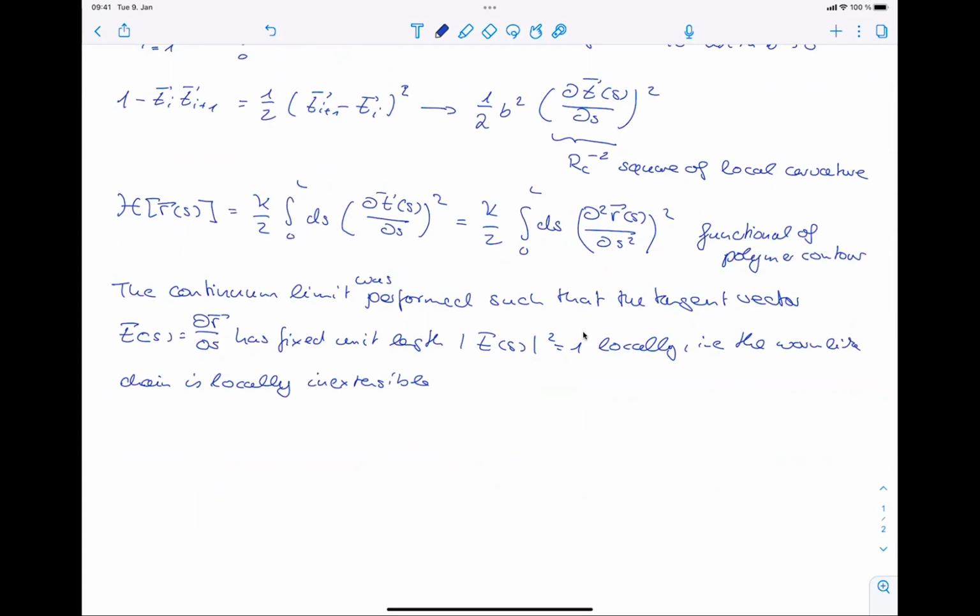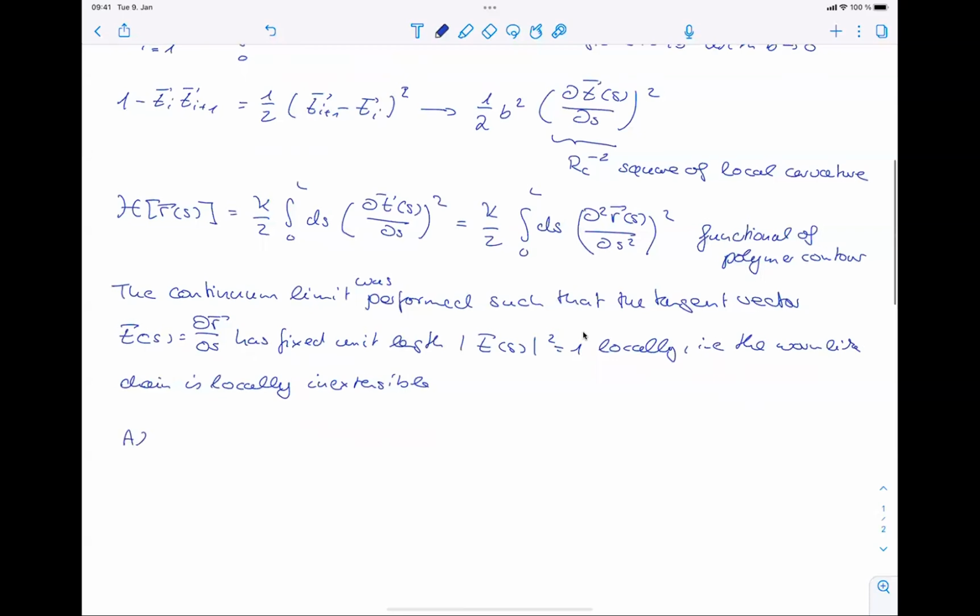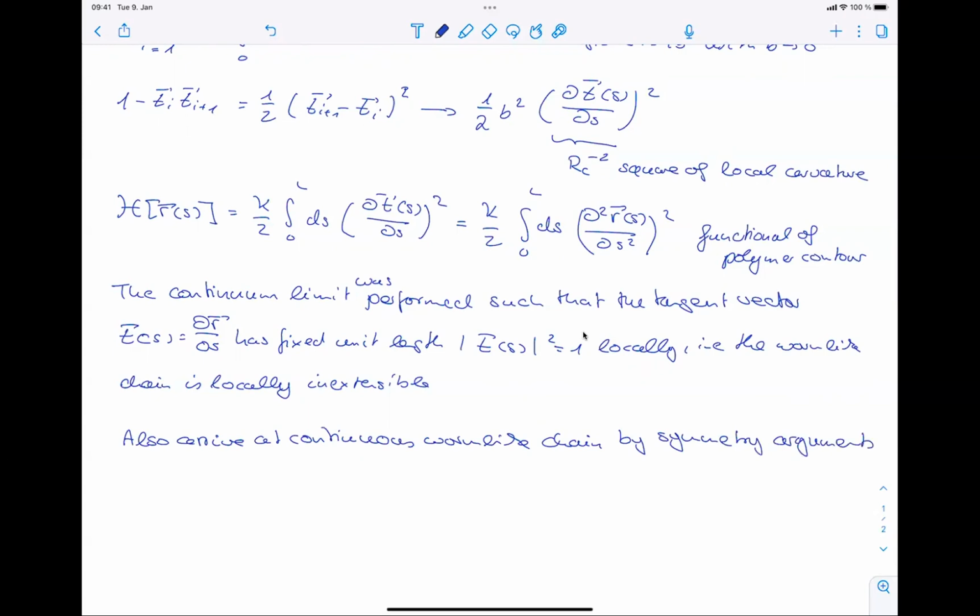In the style of how we wrote down field theories, we can also argue that this is the only model by symmetry arguments. So we also arrive at this continuous chain by symmetry arguments.